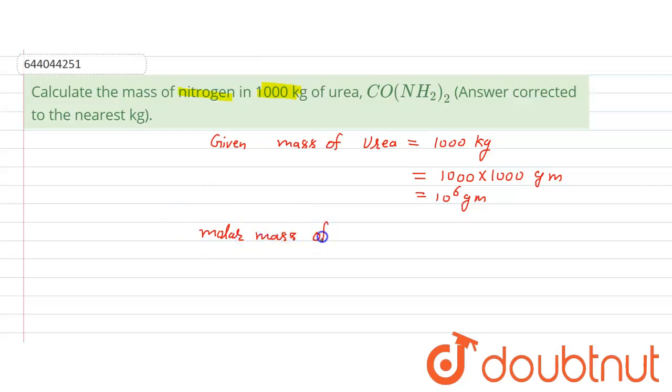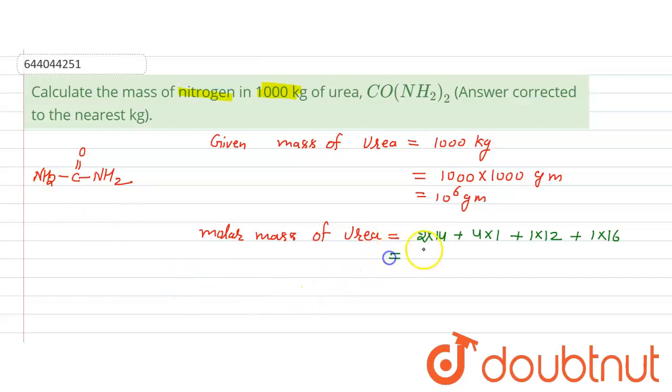So let's discuss the molar mass of urea. Urea has the formula NH2 C double bond O NH2. If we calculate the molar mass of urea, it contains two nitrogen atoms, so 2 into 14, plus 4 H atoms, so 4 into 1, plus 1 carbon atom, so 1 into 12, plus 1 oxygen atom, so 1 into 16, because oxygen has molar mass 16 gram, carbon 12 gram, nitrogen 14 gram, and hydrogen 1 gram.